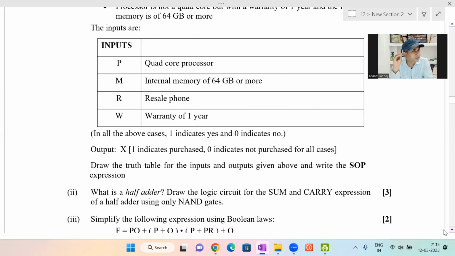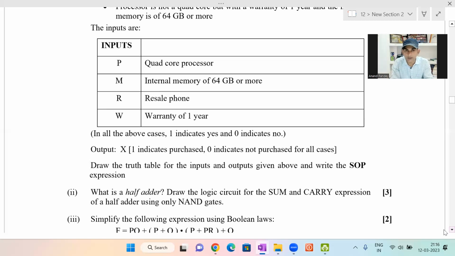At least prepare the circuit and their truth table. Logic diagram of half adder, full adder, encoders. In encoders, you have decimal to binary, octal to binary, and hexadecimal to binary encoder, and then decoder. 2 by 4 and 3 by 8 decoder, and their truth table.